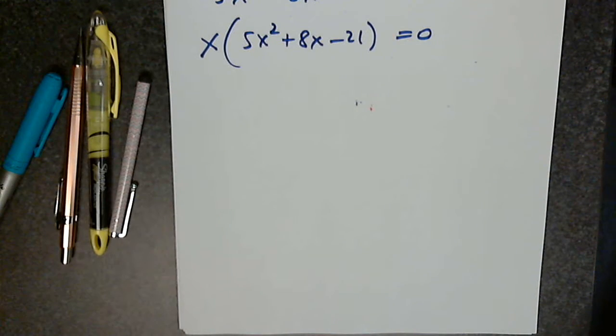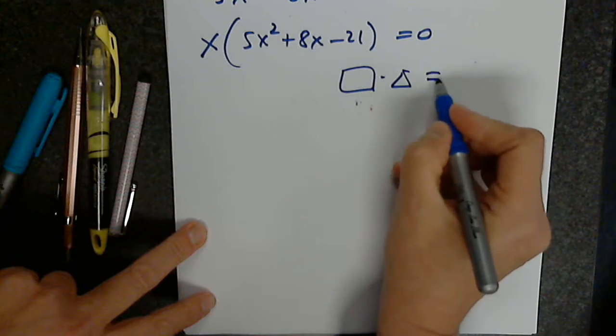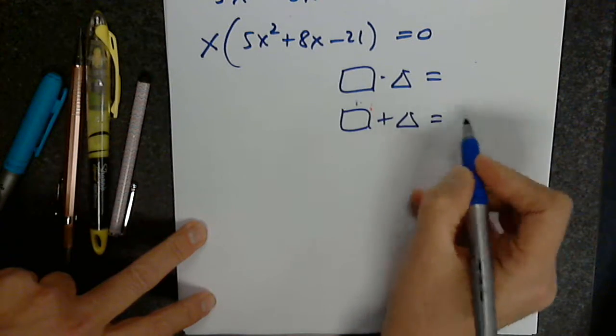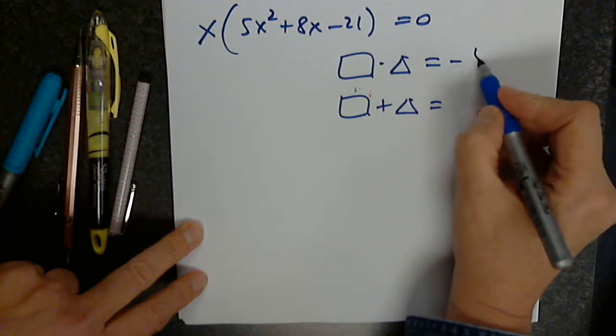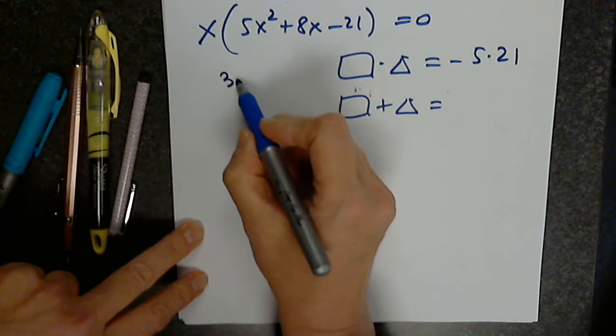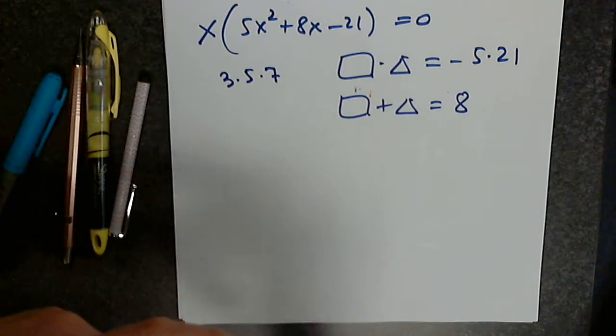Trinomial, it's in descending order. No negative leading coefficient, no special product. 1 is not the leading coefficient, so it's definitely the last one and the most difficult. So I'm looking to find two numbers whose product is and whose sum is. Yes, let's write it as 5 and 21, which is 3, 5, and 7, and whose sum is positive 8.